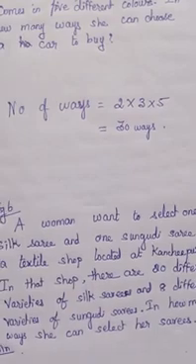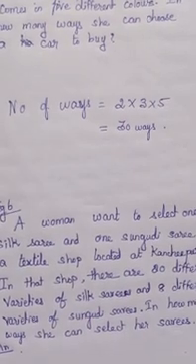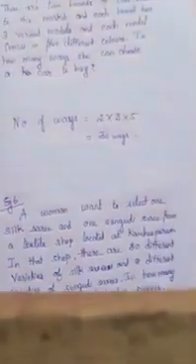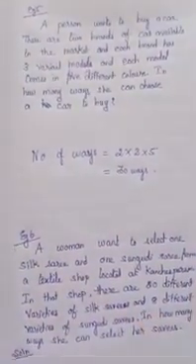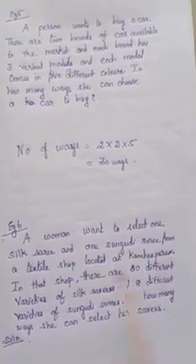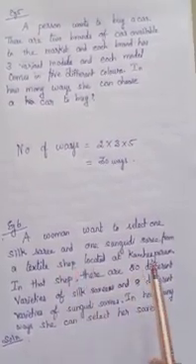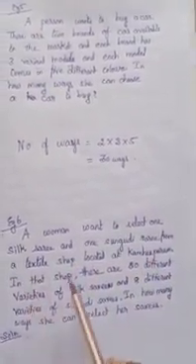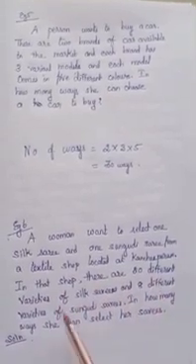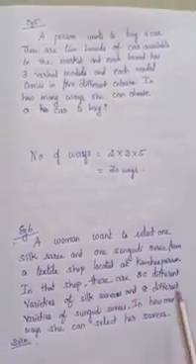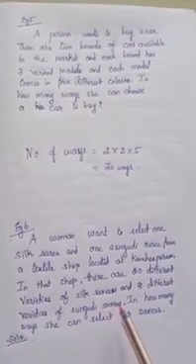The next one. A woman wants to select one silk saree and one sungudi saree from a textile shop located at Kanchipuram. In that shop, there are 20 different varieties of silk sarees and 8 different varieties of sungudi sarees.